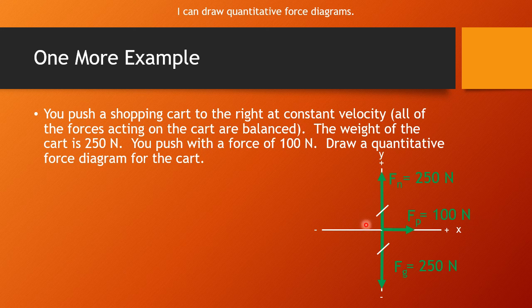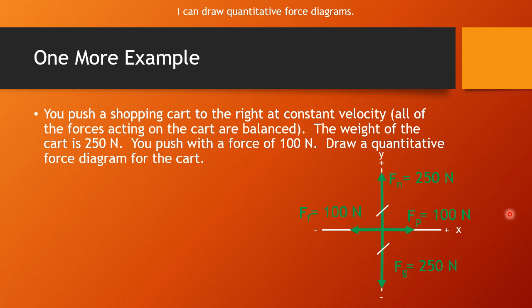Same thing horizontally. I need a force to balance out the push force. Well, think about what that force would be. If I'm pushing a shopping cart along, say at the grocery store, and it's going at constant velocity, it has to be balanced. The force going the opposite direction would be friction. There's going to be friction acting on the cart. So Ff equal to 100 newtons. And again, it has to be 100 newtons because it has to balance with my push force.